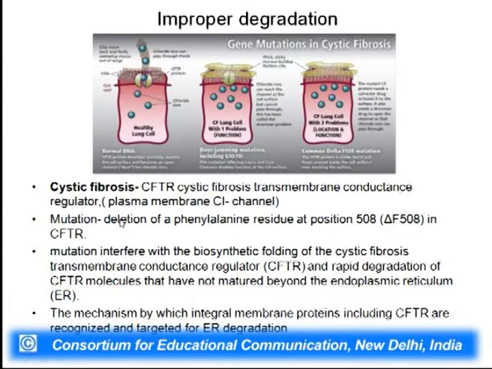So, in this mutation there is a deletion of a single phenylalanine residue at position 508 in the protein CFTR. This mutation interferes with the biosynthetic folding of the cystic fibrosis transmembrane conductance regulator, and it pushes it towards degradation, and it is not expressed at the plasma membrane of the cell.